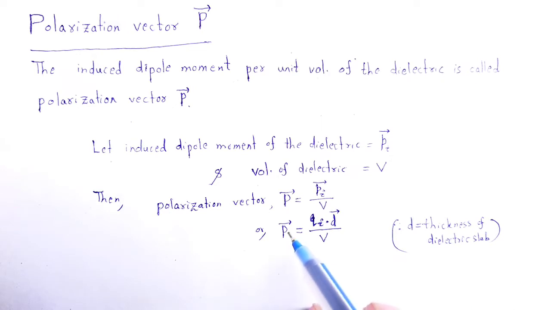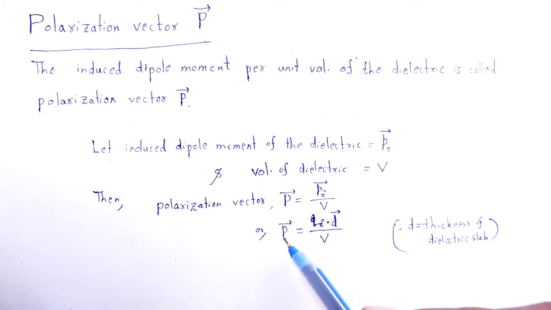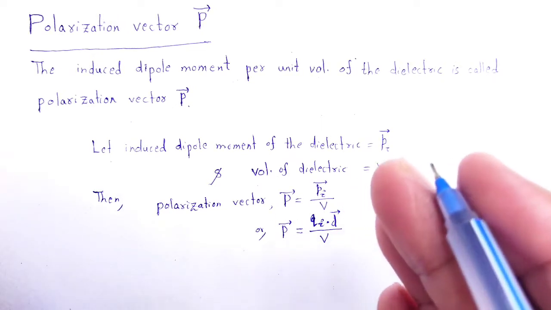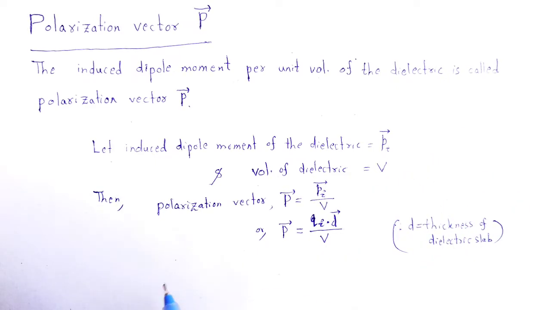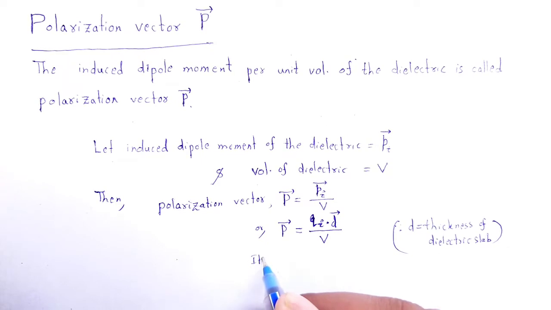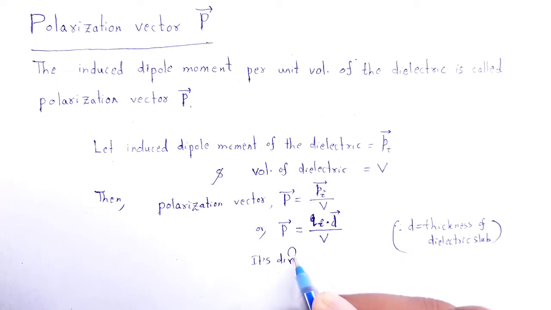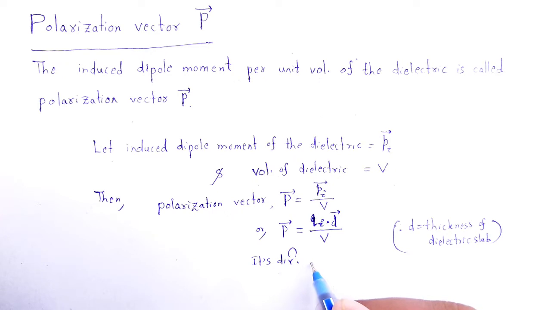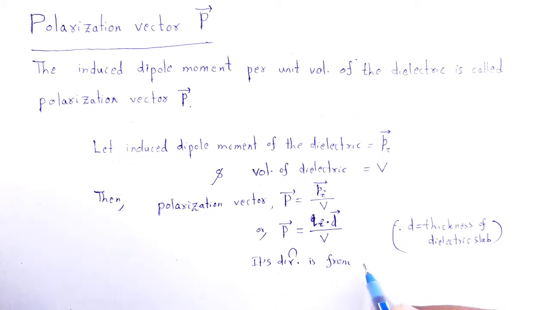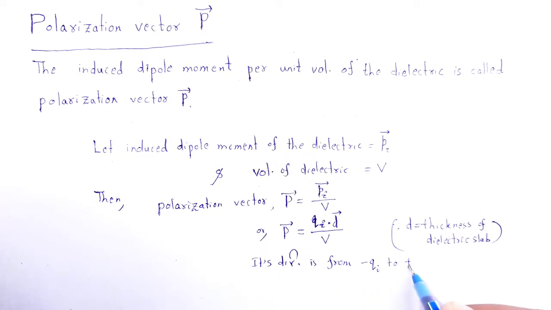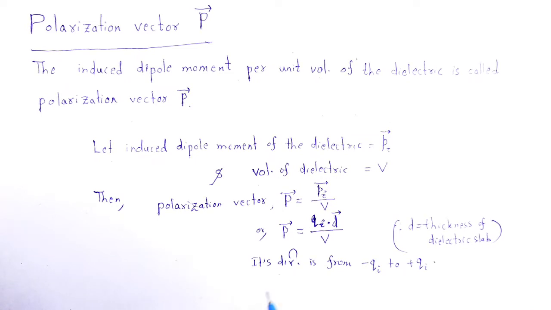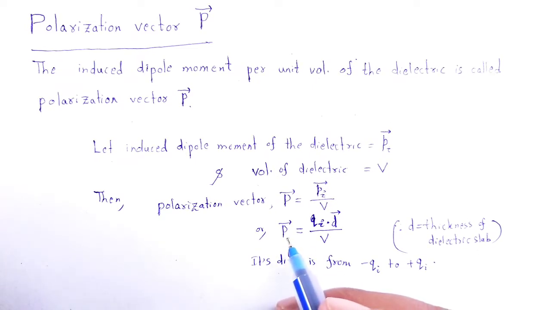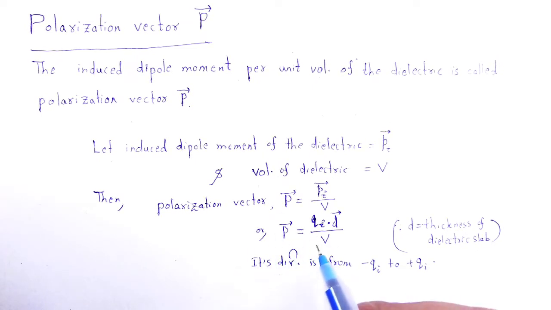The direction of the induced dipole moment is from negative charge to positive charge, that is, from negative Qi to positive Qi.